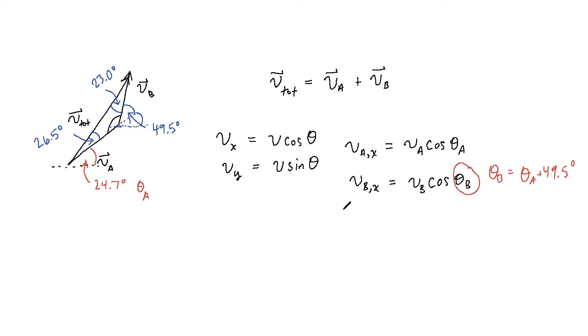Okay, so now we basically have expressions for the x components of both V_A and V_B.